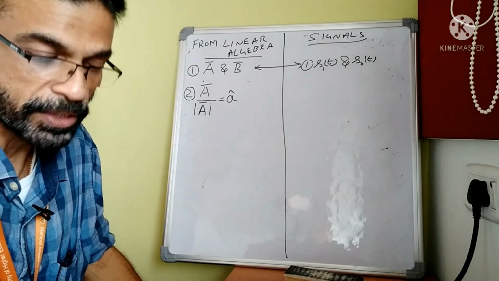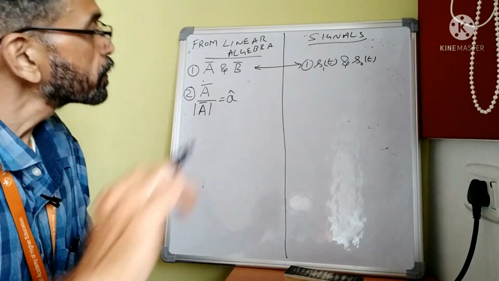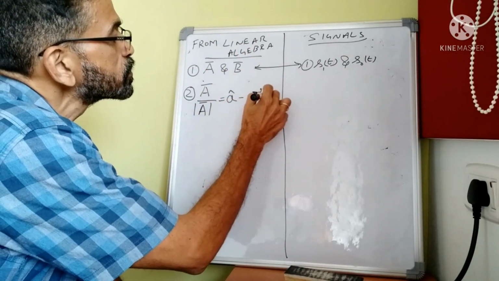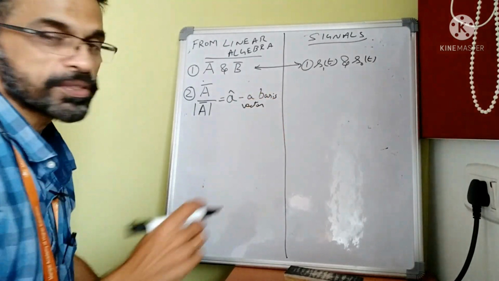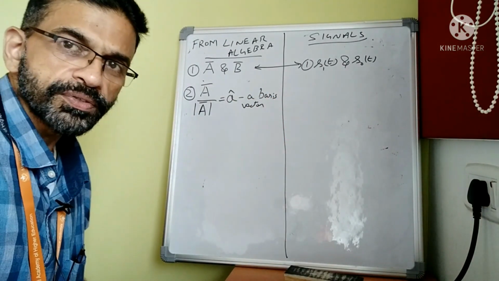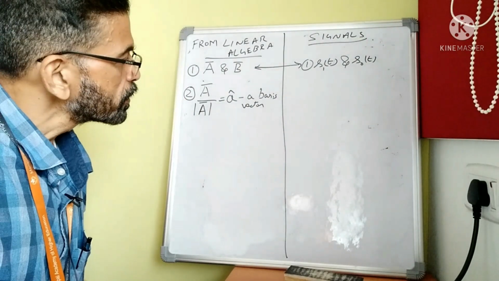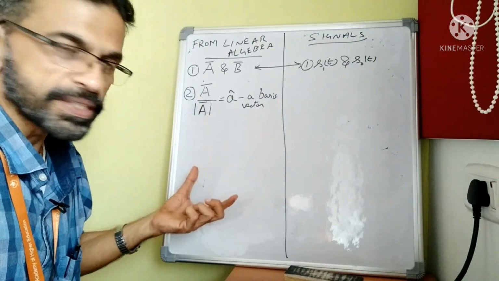We'll get a unit vector, and this we can use as a basis, because you know that a set of bases is nothing but a set of independent unit vectors, and this can be one of the components of that set.